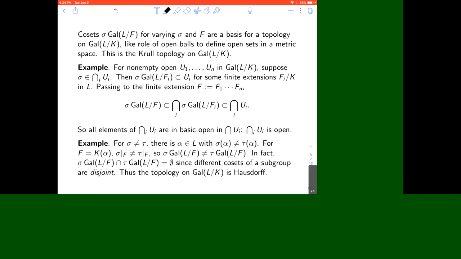As you let your automorphism vary, as you slide the Galois group of L over F around, as F changes, you make it bigger or smaller, then these basic open sets, their unions do give us an actual topology. You should think of it somewhat like open balls in a metric space, or better yet, open balls in a Euclidean space, where all the open balls of the same radius can be obtained from 0 by translation.